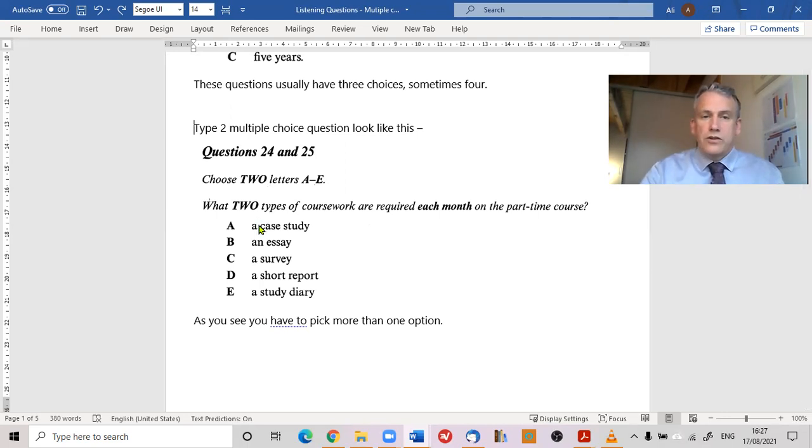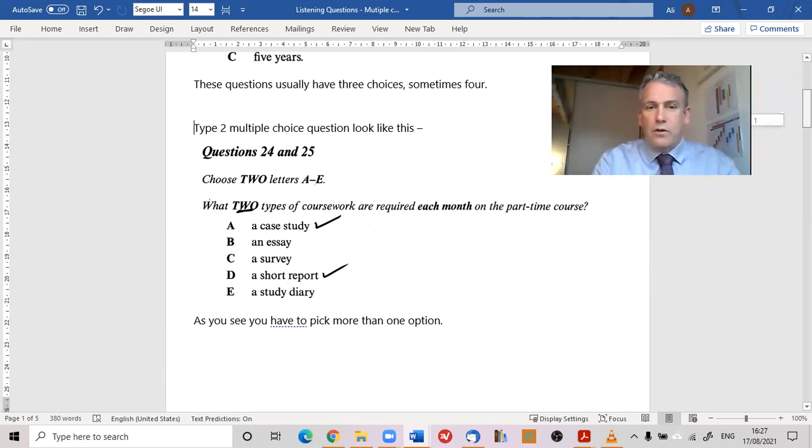What 2 types of coursework are required each month on the part-time course? So we're going to need to pick 2 different answers. Some of these questions can have 2, 3, or even 4 correct answers. So that's type 2. So today we're going to concentrate on type 1.